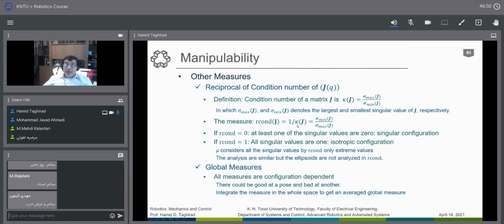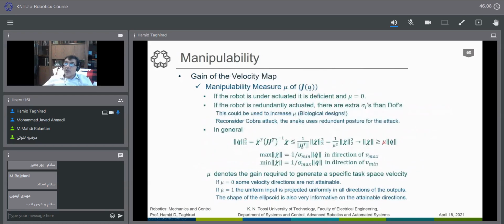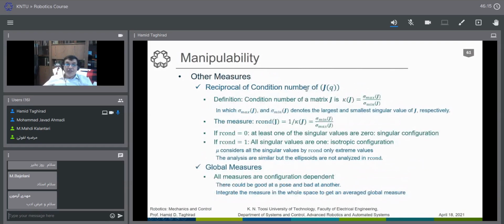And you notice that all of these depend on the J, and the J is usually configuration dependent. This means that in some configurations we might have a good condition number, but in other cases we have a bad condition number.